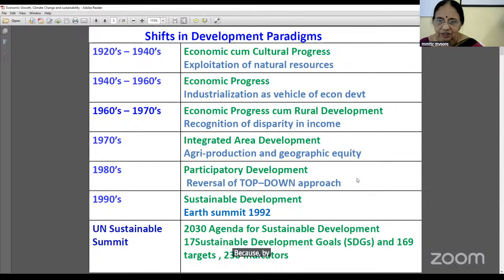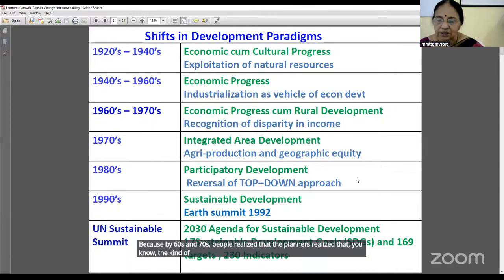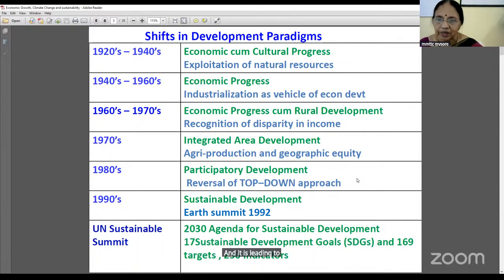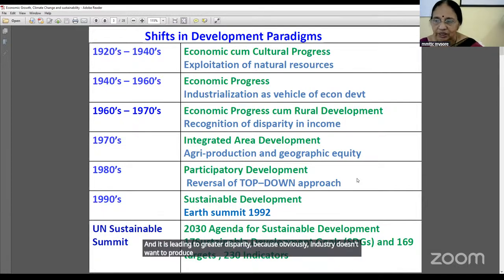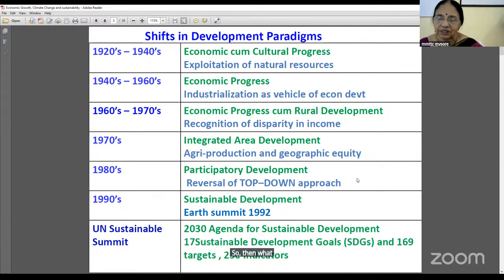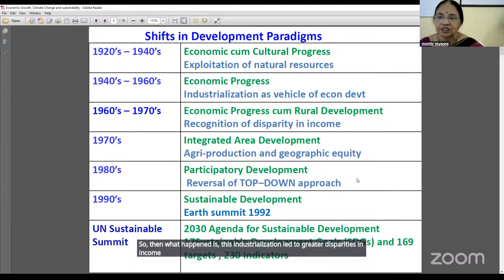By the 60s and 70s, the planners realized that the kind of industrialization was limited only to some areas and was leading to greater disparity, because obviously industries don't want to establish themselves where there is no connectivity. So industrialization led to greater disparities in income, and because concentration was only in particular areas, there was a need to look at the rural areas and rural development. That is how in the 60s and 70s there was a focus on rural development and other issues.